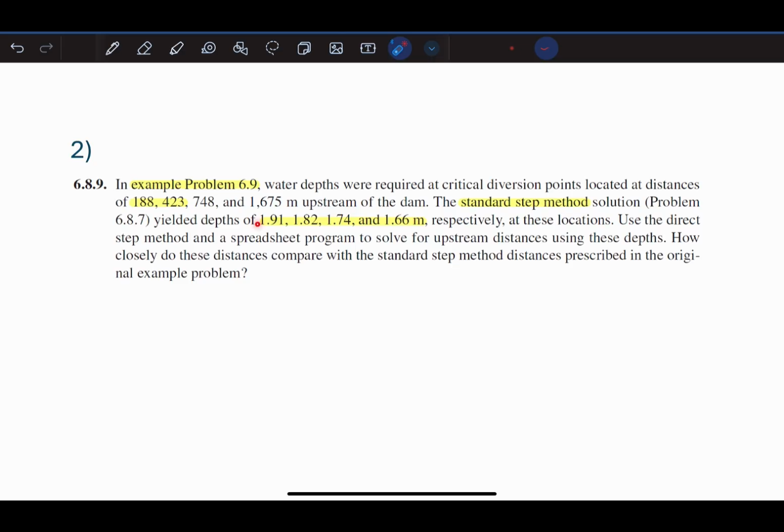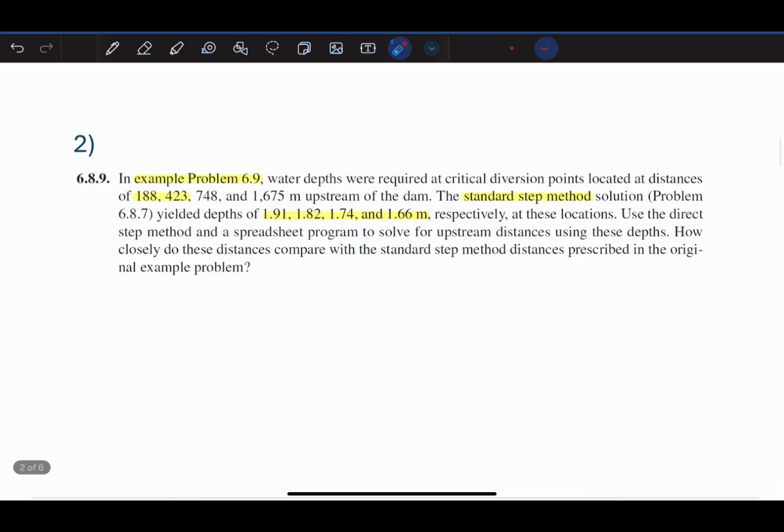So we calculated 1.91 for 188, 1.82 meters for 423 meters, 1.74 for 748, and 1.66 for 1,675 meters.